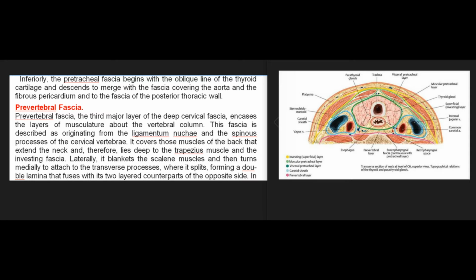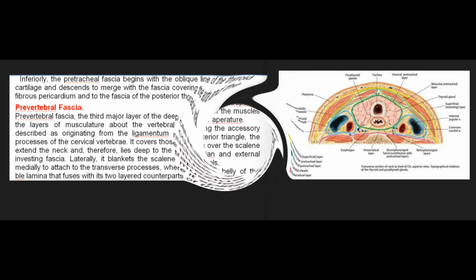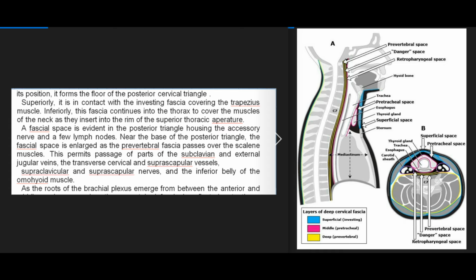Laterally, it blankets the scalene muscles and then turns medially to attach to the transverse processes, where it splits, forming a double lamina that fuses with its two layered counterparts of the opposite side. In its position, it forms the floor of the posterior cervical triangle.